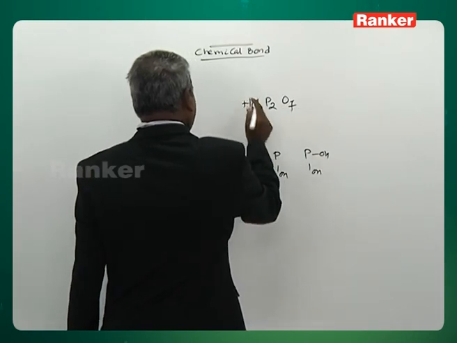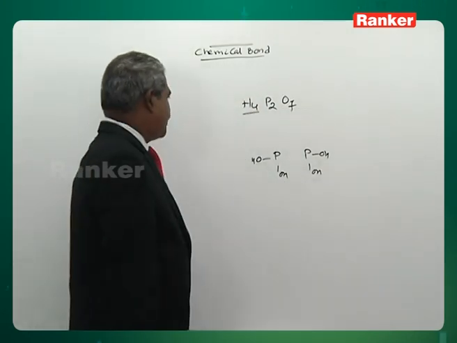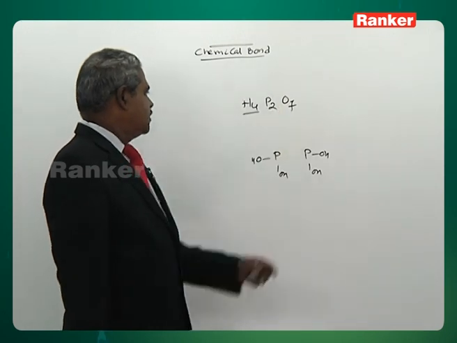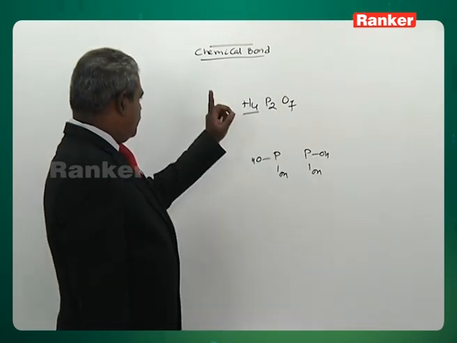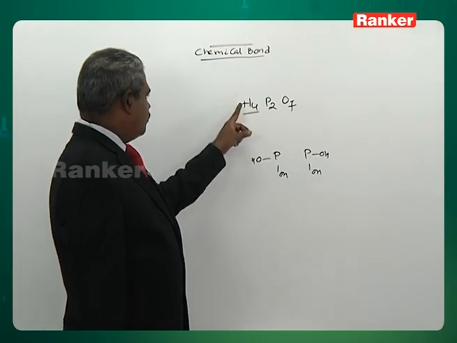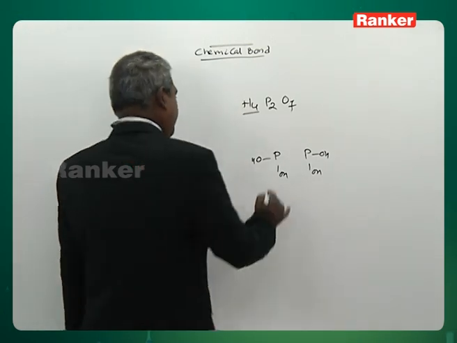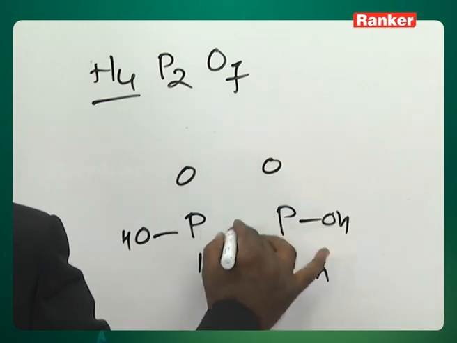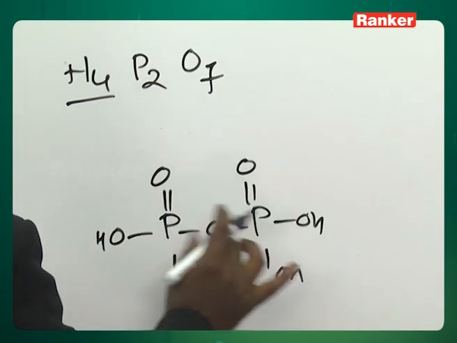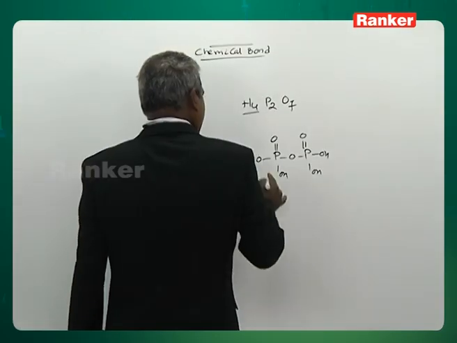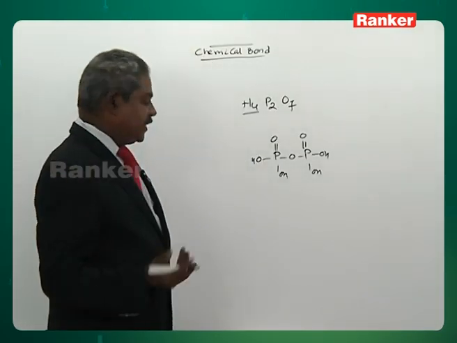The number of OH groups is equal to the number of hydrogens present. If you have 4 hydrogens, 4 OH, except in 2-3 cases, don't bother about them. It is universal. And 3 more oxygens distribute equally, and the 7th oxygen in the middle, shared by both. So, in fact, you don't have an oxygen-oxygen single bond.